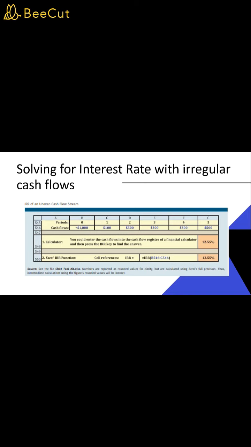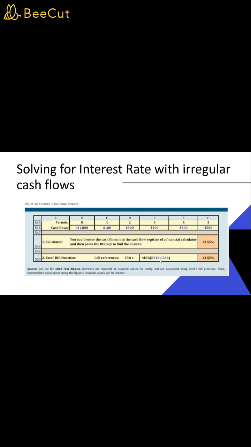Another way, instead of writing each cash flow and putting in a comma after it, is that in this situation the first outflow cash flow is B546 right over here.